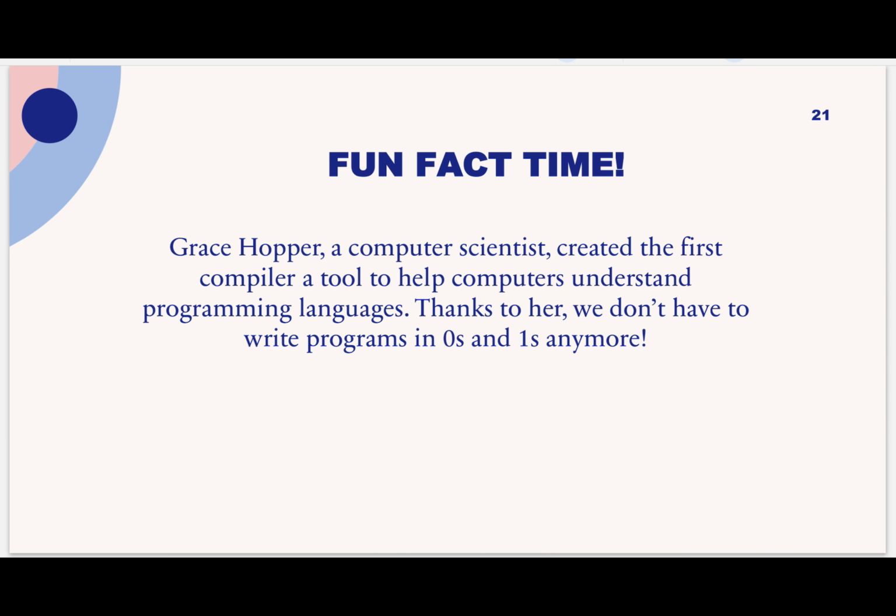Fun fact, Grace Hopper, a computer scientist, created the first compiler, a tool to help computers understand programming languages. Thanks to her, we wouldn't have to write programs in 0 and 1 anymore. She was the first who created a compiler for programming languages.